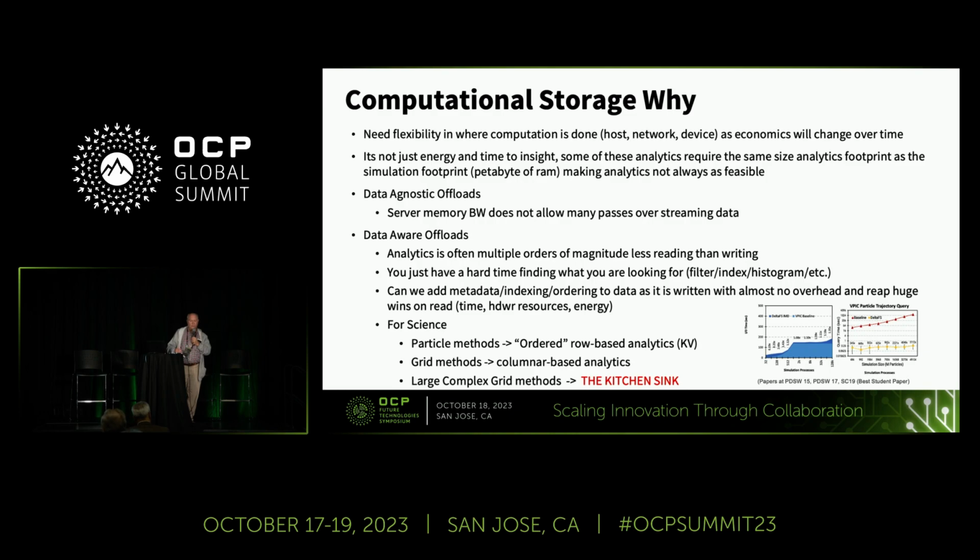And within the data-aware offloads, we have multiple types. Row type, which actually work pretty well for our particle codes or point codes in science. And for our grid method codes, which are what most of science uses in the simulation world, columnar is how they think of themselves. So columnar offloads and columnar analytics is basically what you would use there. So we have a little of everything.